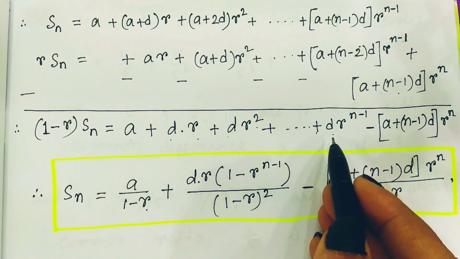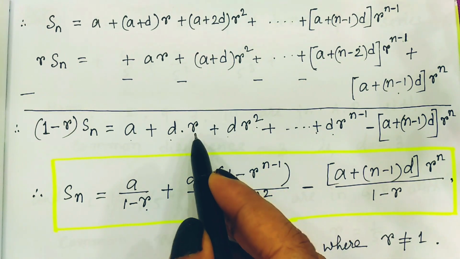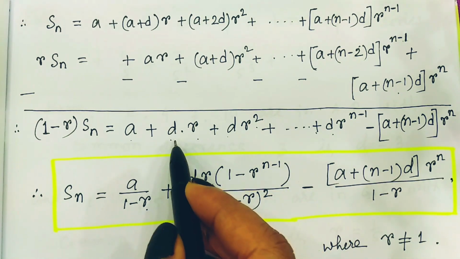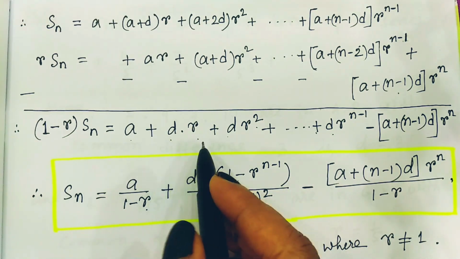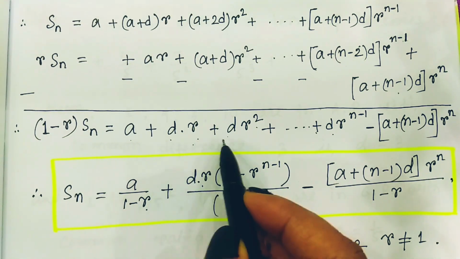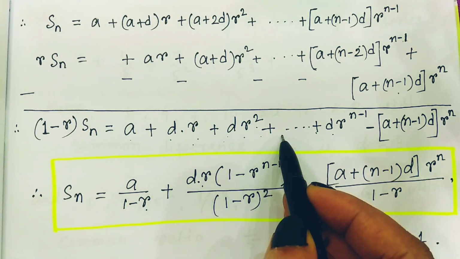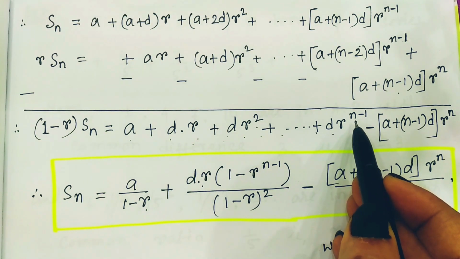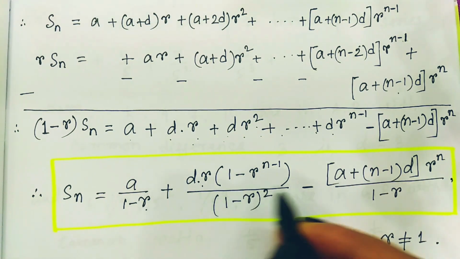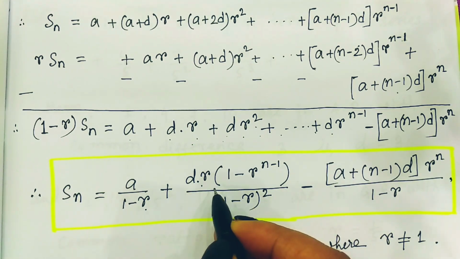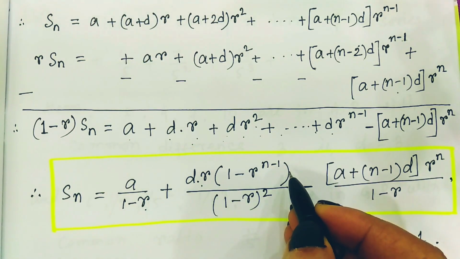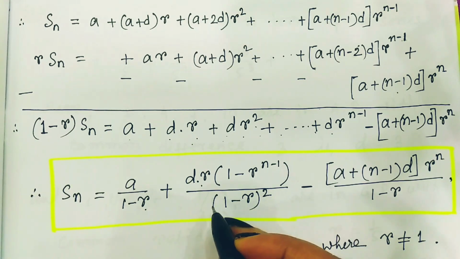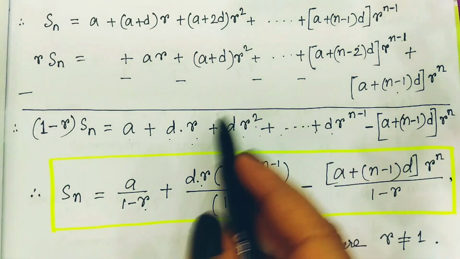In this GP series, the common ratio is R. The first term is DR, or we can take DR common even. If we take DR common, then it is 1 plus R square, in this way up to R to the power n minus 2. So here there are n minus 1 terms in total, so we can write DR into 1 minus R to the power n minus 1, whole divided by 1 minus R, as from the formula.